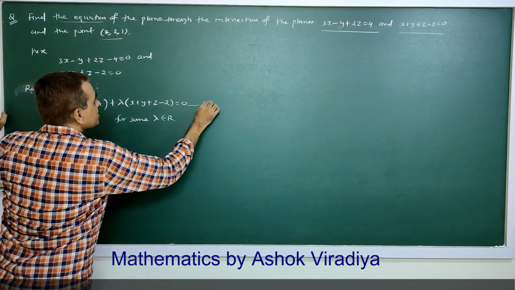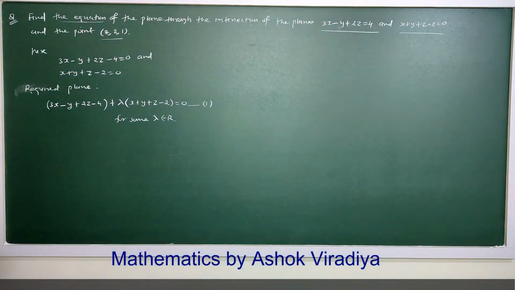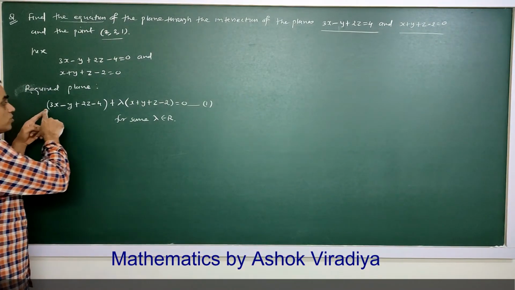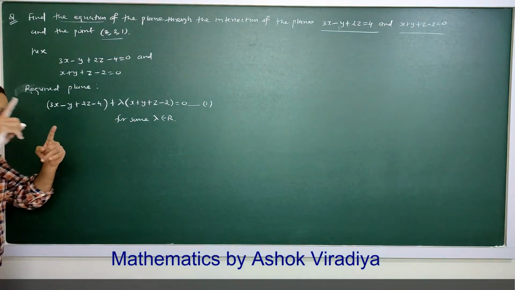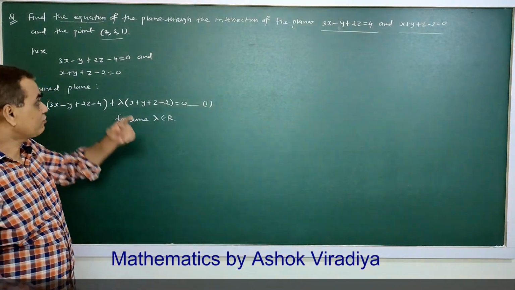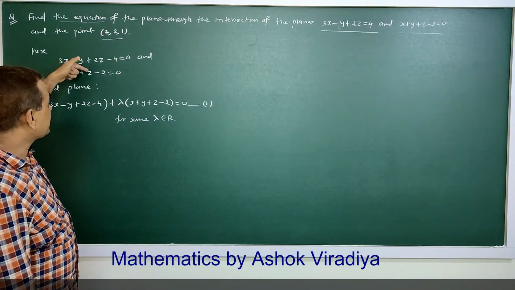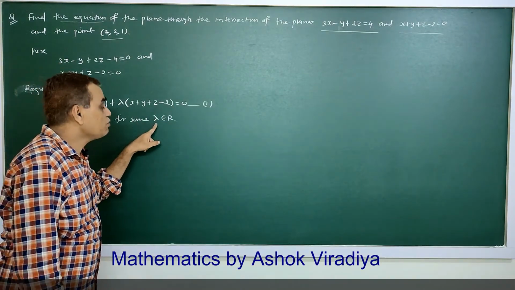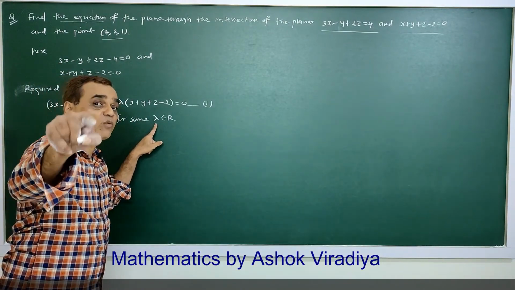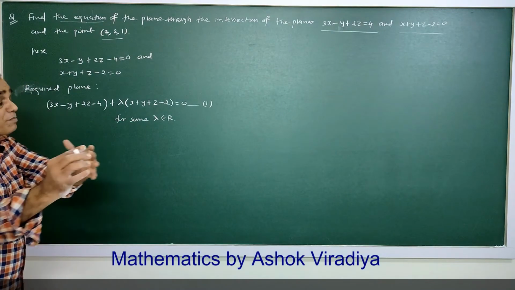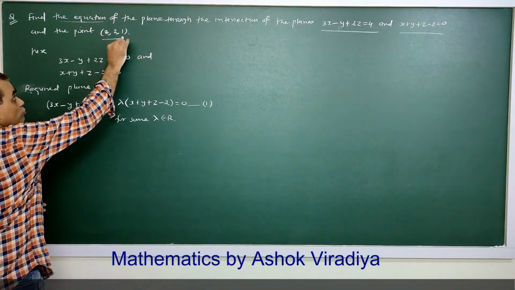Let me say this is result 1. Now, the family of all the planes passing through the intersection of these two planes can be obtained by changing the values of lambda, but our required plane is a particular plane passing through this point.